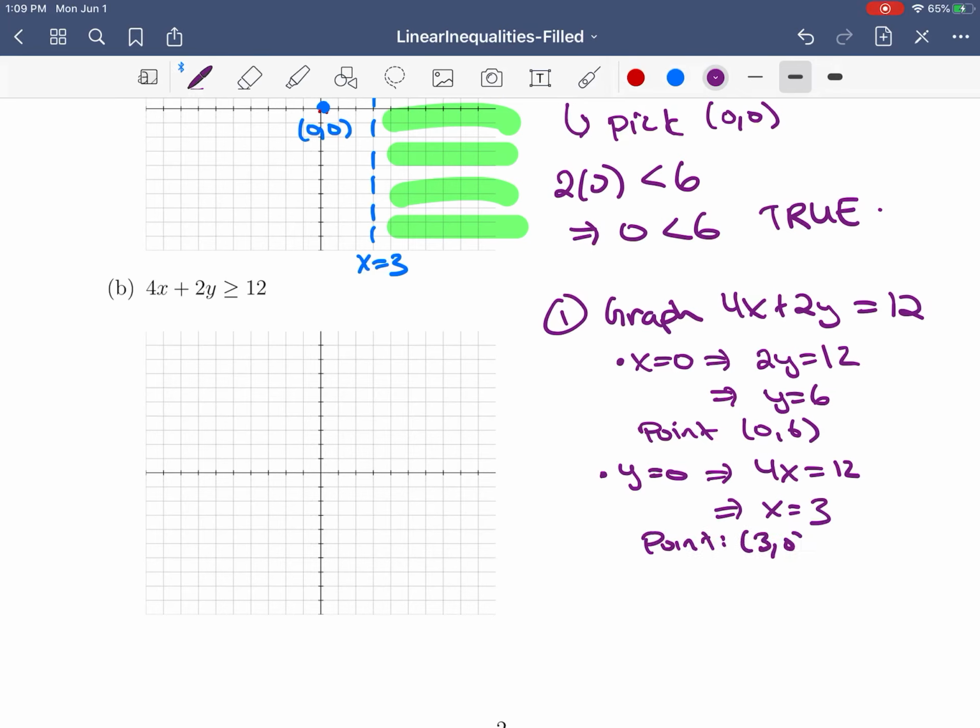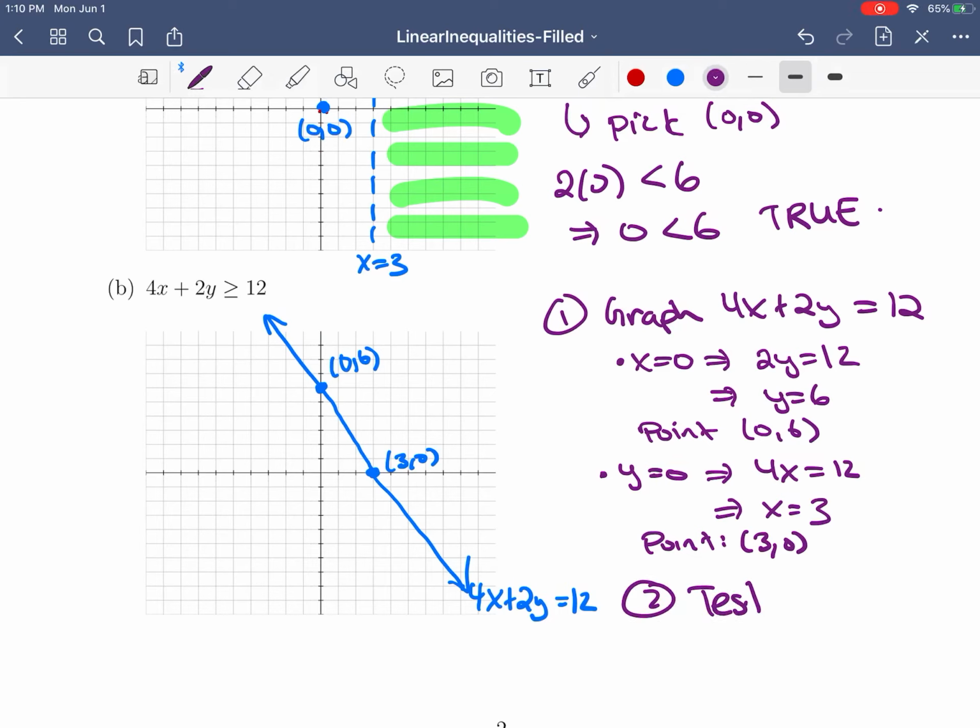So I get the point 3, 0. Okay, so I'm going to plot those. So 3, 0 is over here. 0, 6 is up here. Now I'm going to graph it with a filled-in line because I'm including equality here. Okay, so this is the line 4x plus 2y equals 12.